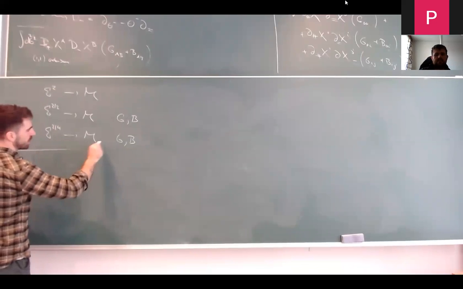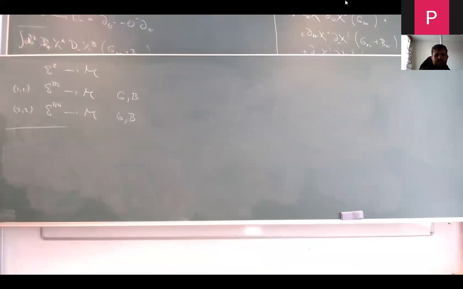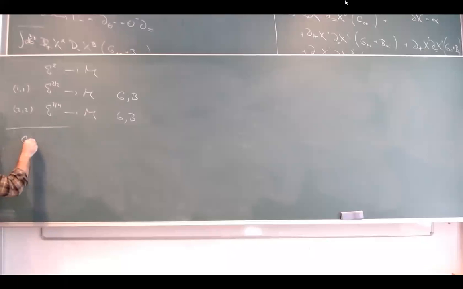The easiest class of these target space geometries which admit the 2.2 superspace description are Kähler geometries. And Kähler geometries are Kähler manifolds. They come equipped with G, and they are complex.